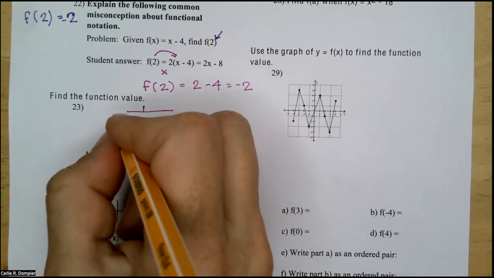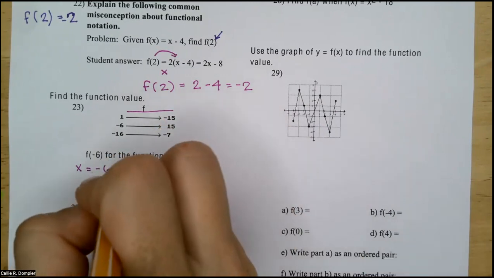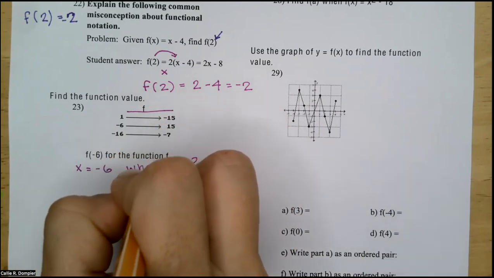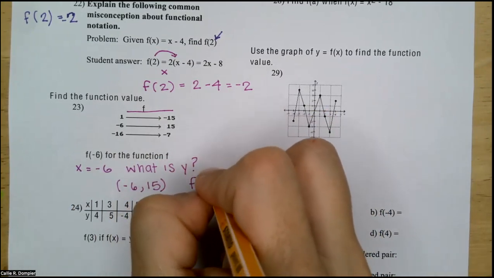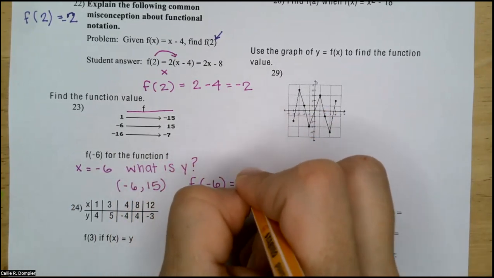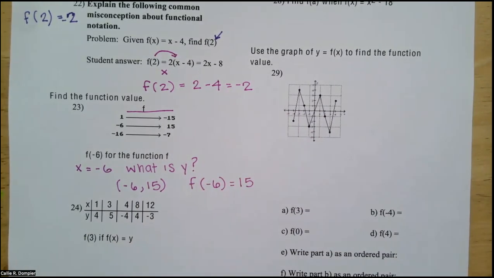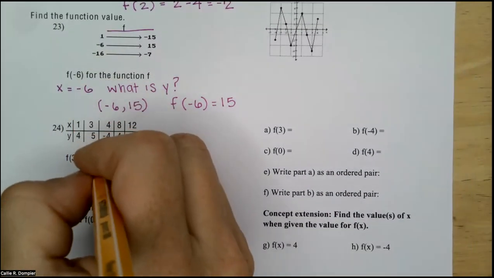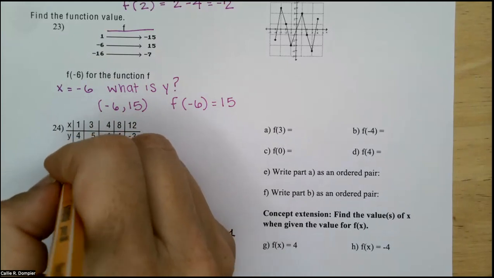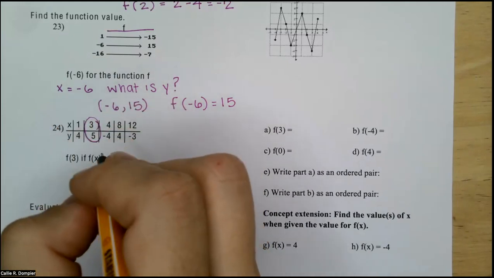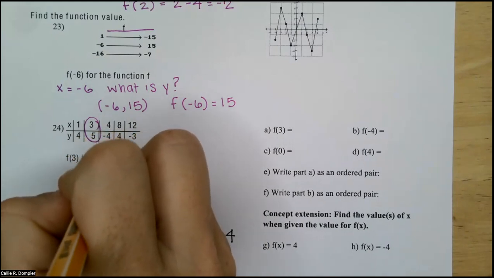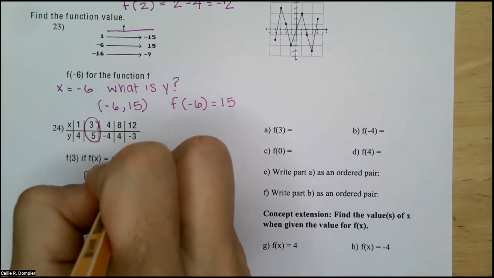When x is -6, y is 15. Good. F of x equals y. What is f of 3? When x is 3, y is 5. F of 3 is 5.